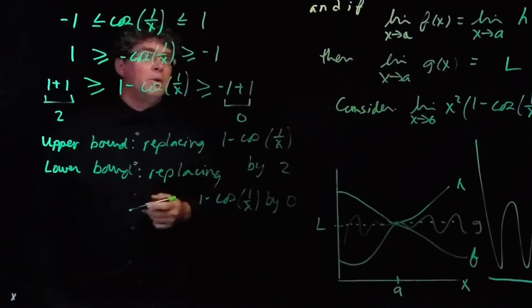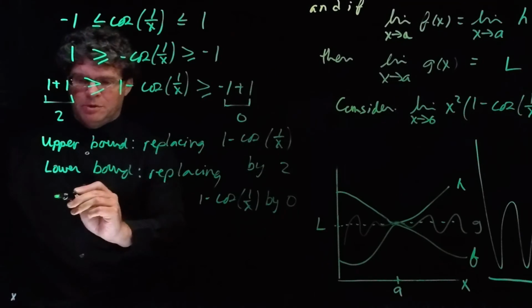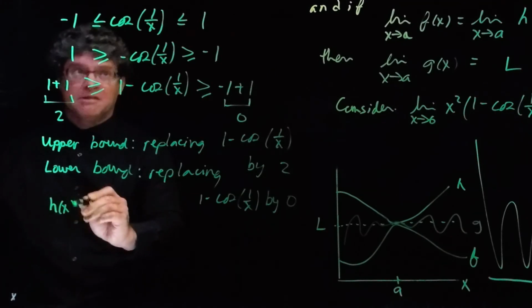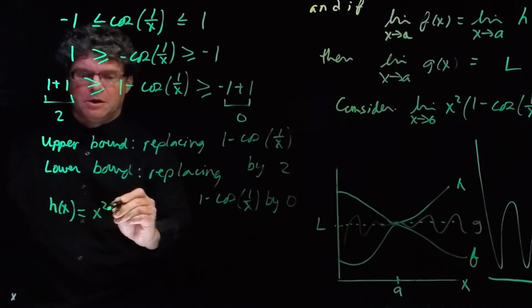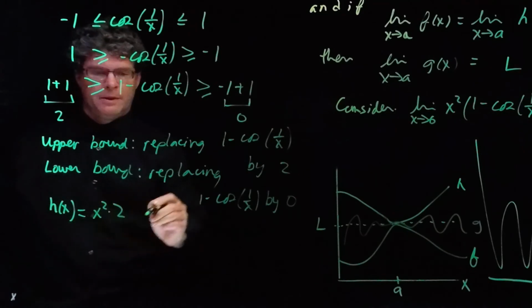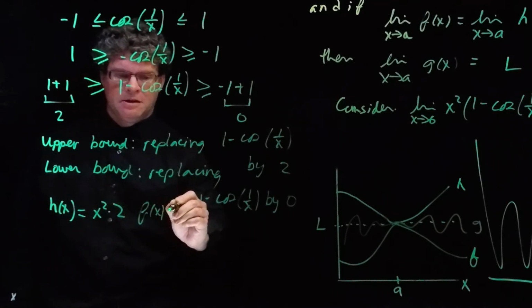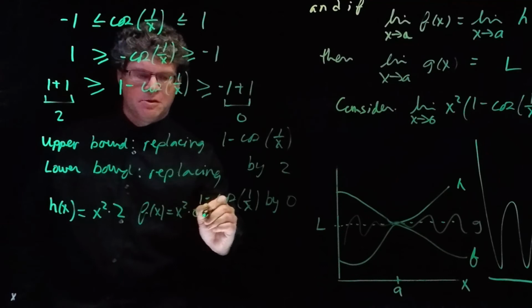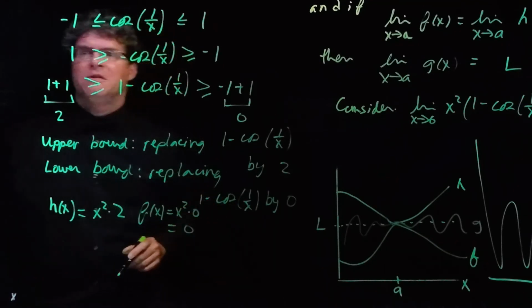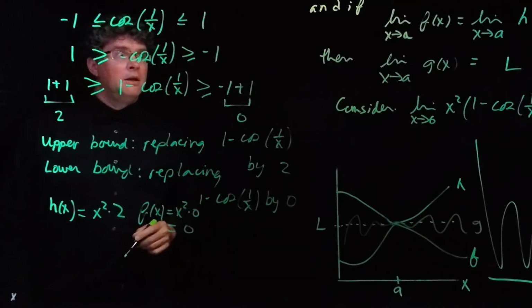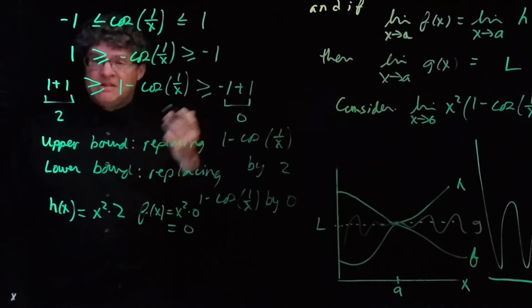Recall our upper bound is h, and so we have h of x is equal to x squared times 2, and f of x is x squared times 0, which is equal to 0. And so we have our problem set up.